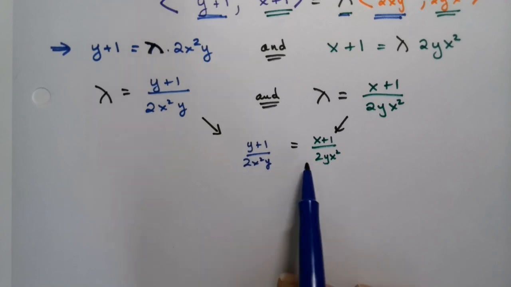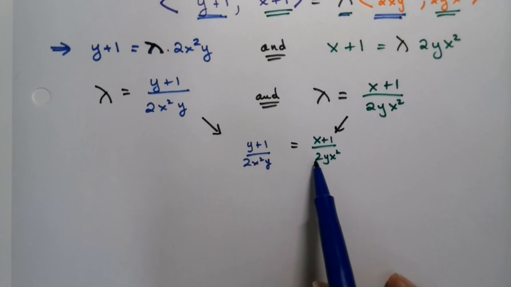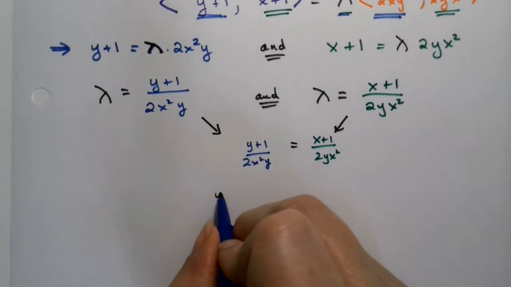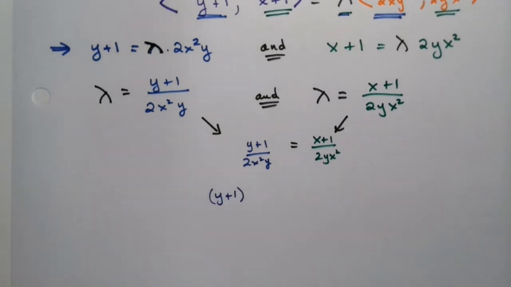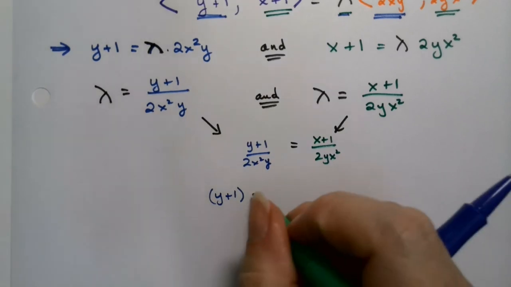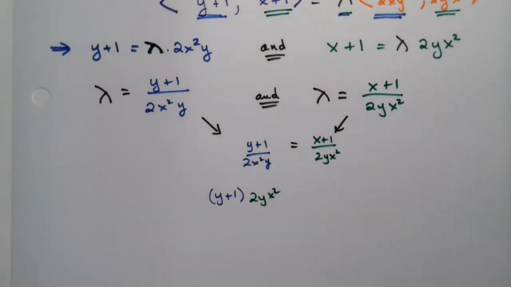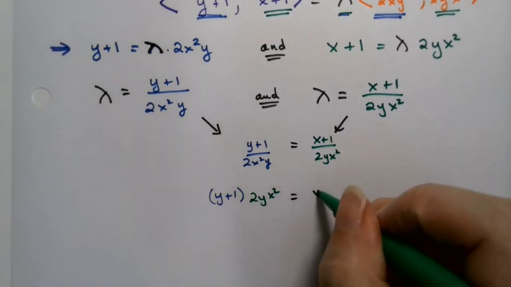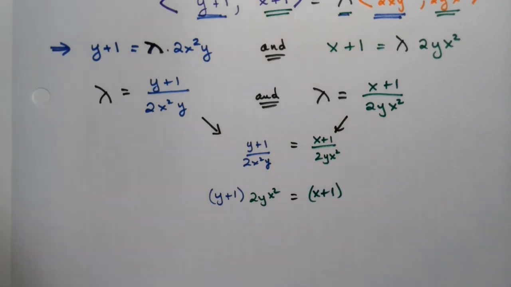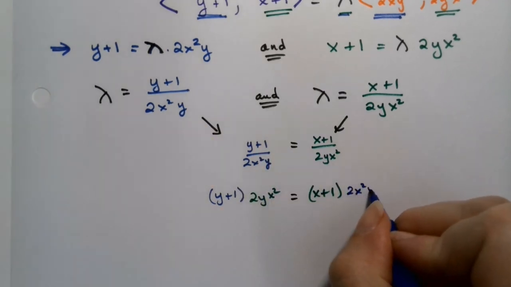Now, to solve this, you could use a couple methods, but I can use cross multiplication. This is a proportion. So y plus 1 times 2yx squared is equal to x plus 1 times 2x squared y.